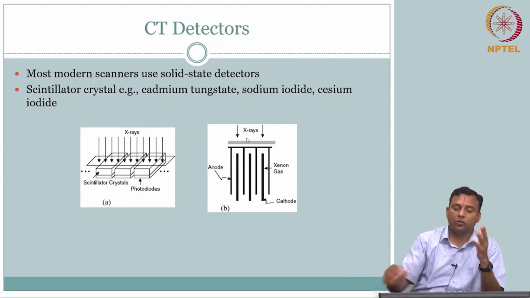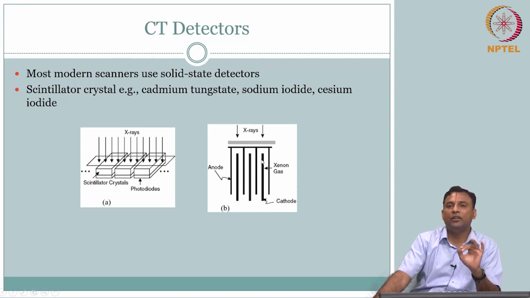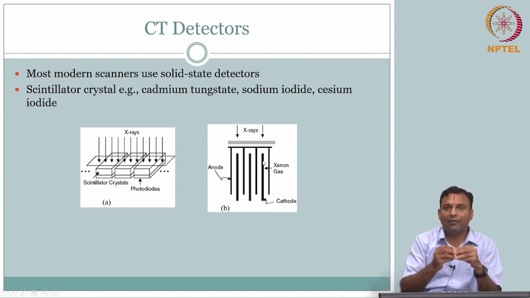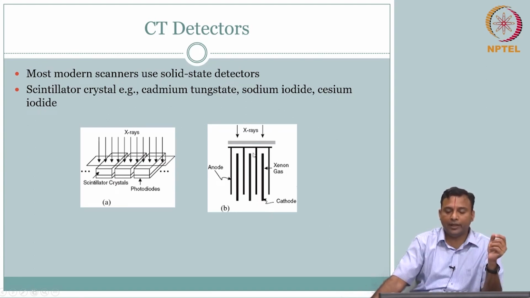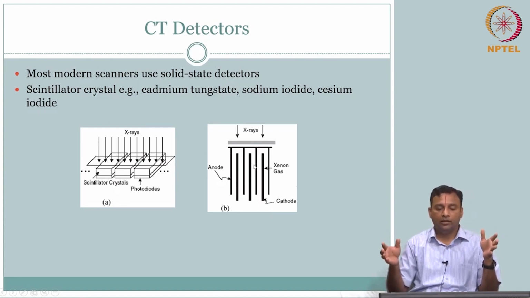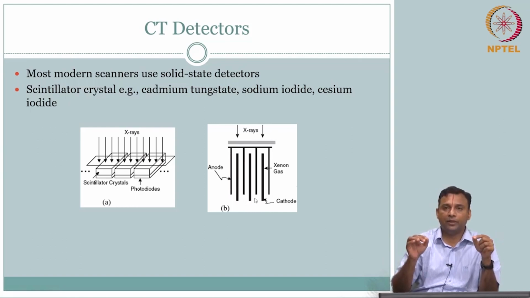So essentially they also had a few other ways, mostly for the third generation, which was a very directional detector, where you have a xenon gas tightly packed chamber. The moment X-rays come and hit, ionization takes place, and you had a cathode and anode, right. So you had a very high voltage differential that was kept.